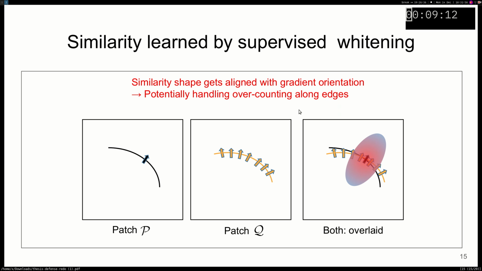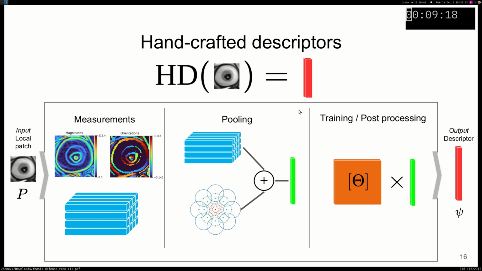So this was our first contribution. Before we head on to the second contribution, let's try to characterize handcrafted descriptors once more. It basically proceeds in 3 steps, which are measurements, pooling, and post-processing.